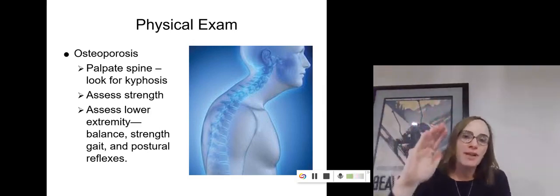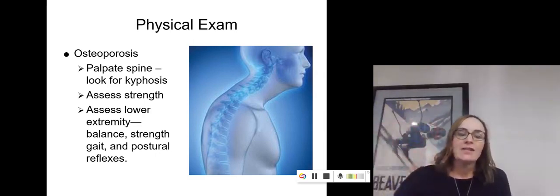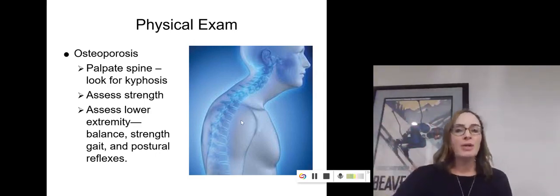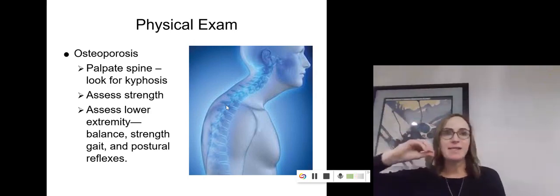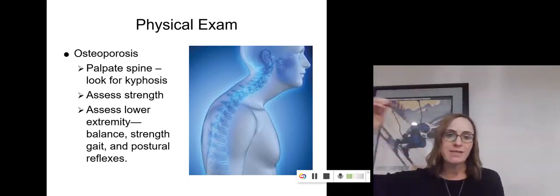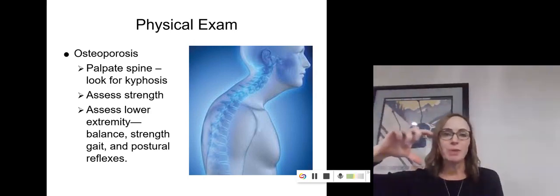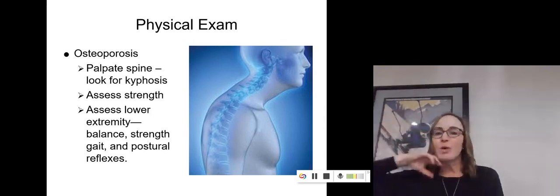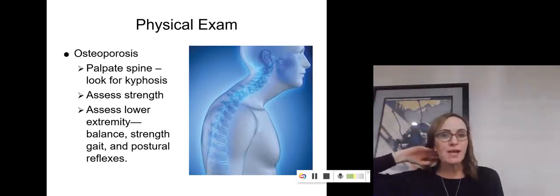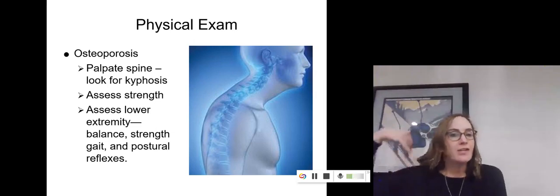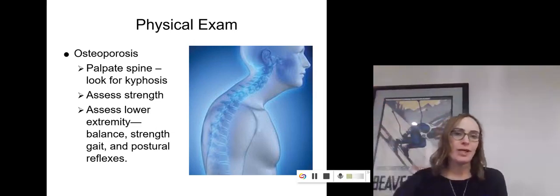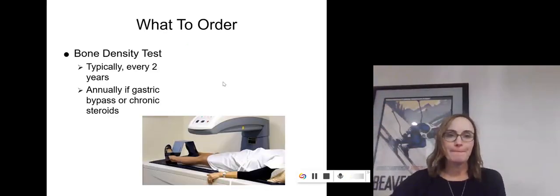You can't fix kyphosis unless they go in and do a vertebroplasty, where they inject cement in and build it back up. But your goal, if you start to notice kyphosis on an exam, is to catch osteoporosis before it gets worse. Okay, let's talk about this bone density test.